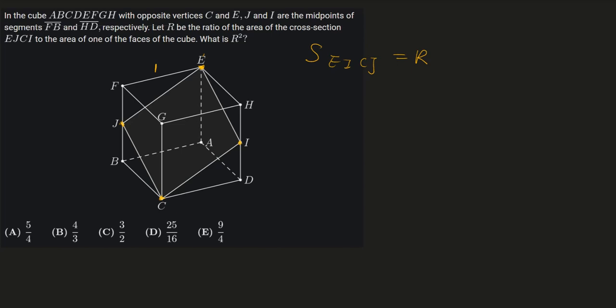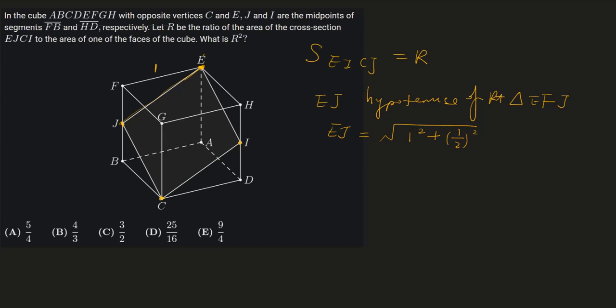And another fact that we realize is this EICJ is actually a rhombus. How is that? Because let's look at EJ. It is the hypotenuse of this right triangle EFJ, right? Therefore, EJ equals the square root of 1 squared, that's the square of EF, plus a half squared, that is the square of FJ.